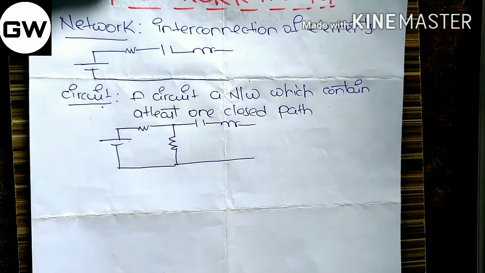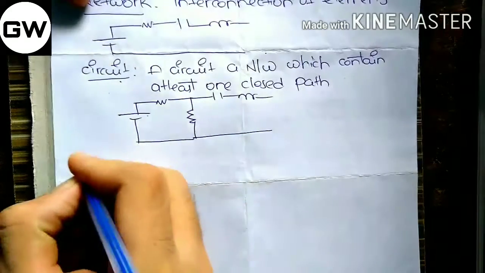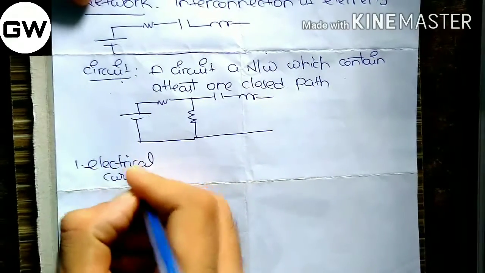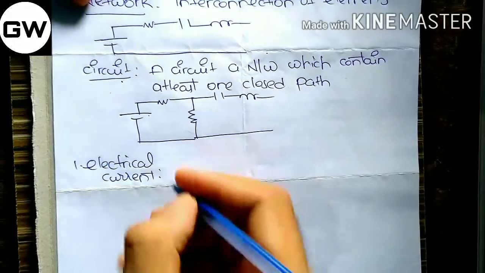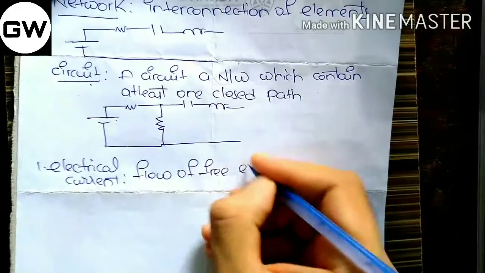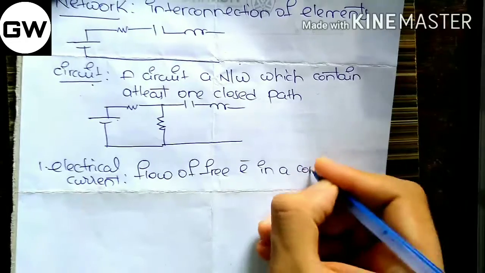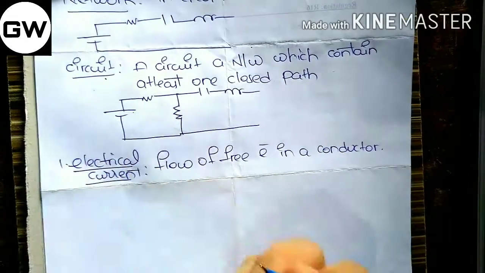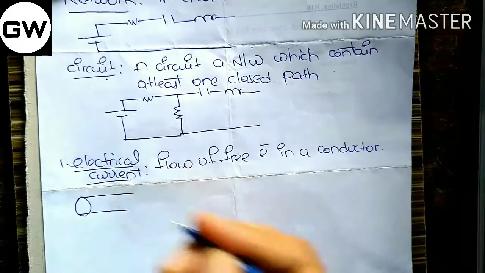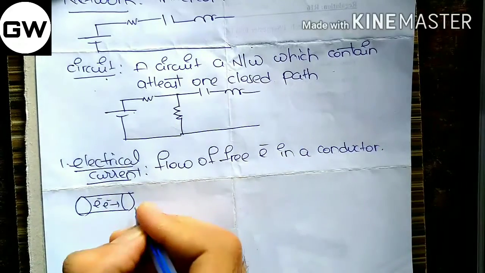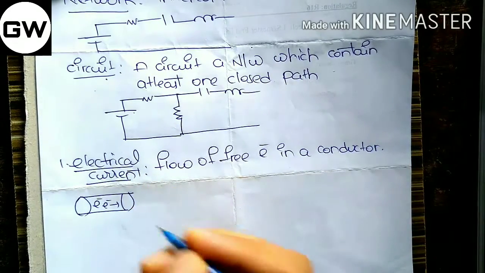Now we will be discussing the basic parameters of network theory. The first parameter is electrical current. What is electrical current? The flow of free electrons in a conductor is termed as electrical current. Imagine a conductor like this with free electrons. The flow of the free electrons in any direction is termed as an electrical current.